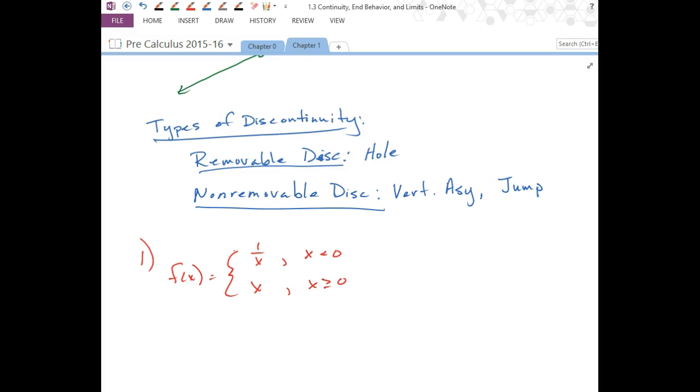The way that you find points of discontinuity is any value that makes the denominator 0.